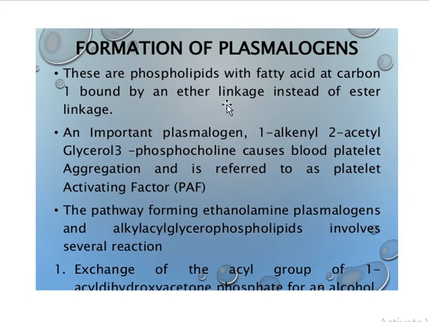So they are the ether link containing phospholipids. Another important plasmalogen is the platelet activating factor. This platelet activating factor is 1-alkenyl 2-acetyl glycerol 3-phosphocholine.